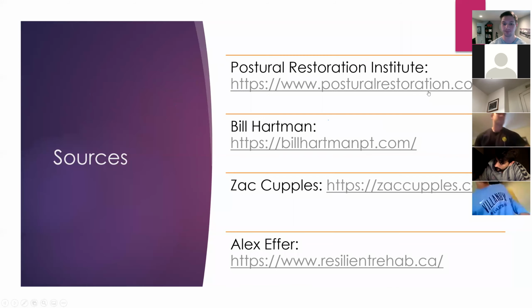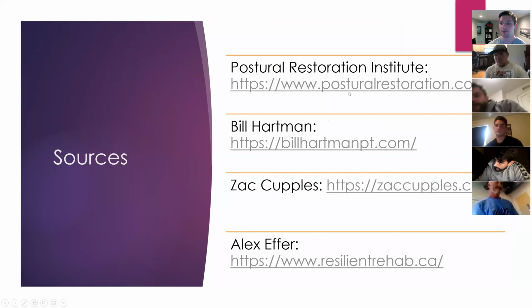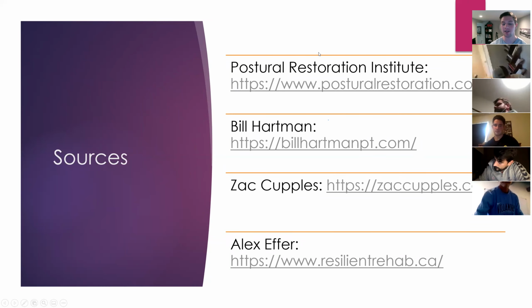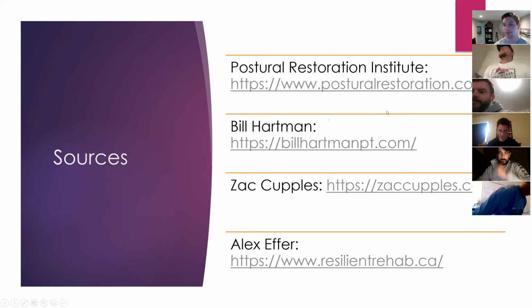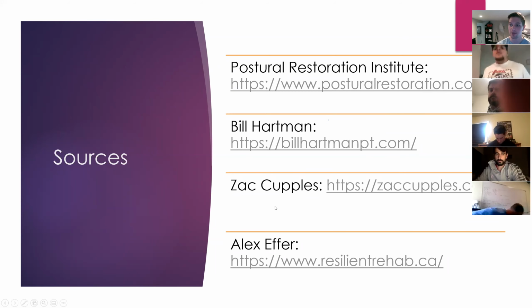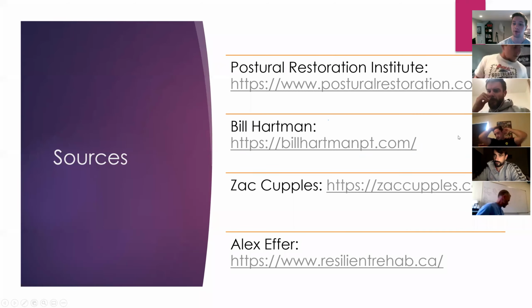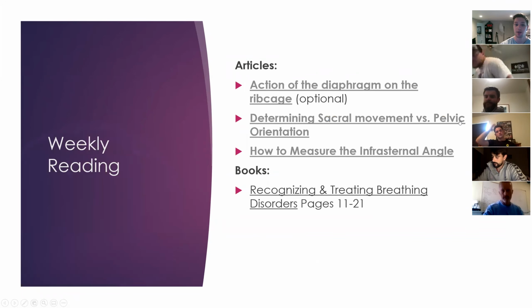All right. To cite my sources, these are all people I got a lot of this information from. PRI, Bill Hartman, Zach Couples, and Alex Effer are all people that I've learned a lot of this stuff from, so I wanted to give them credit where credit is due. I will be linking a lot of these materials within the website.